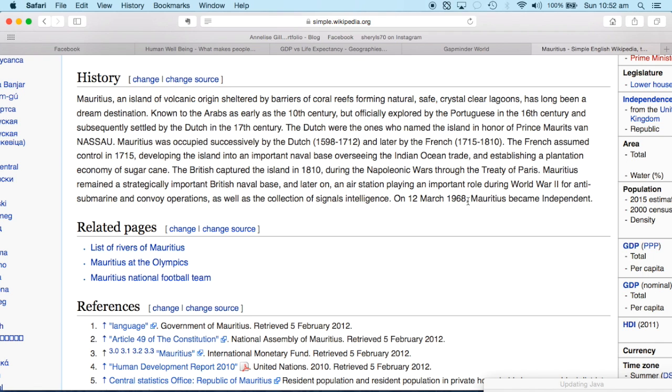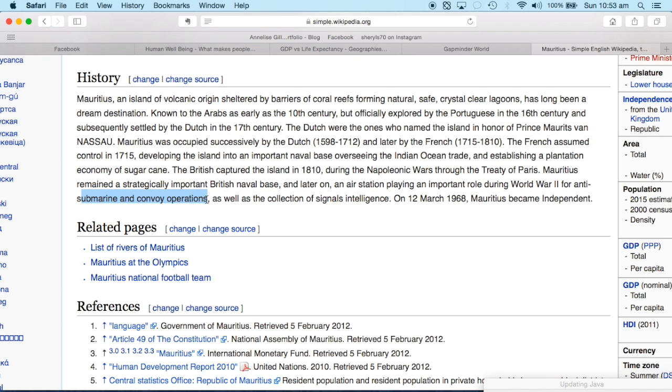Now, 1968. Oh, now hang on. If we have a look here, it became an important role during World War II for submarine and convoy operations. So World War II was in the 1940s.